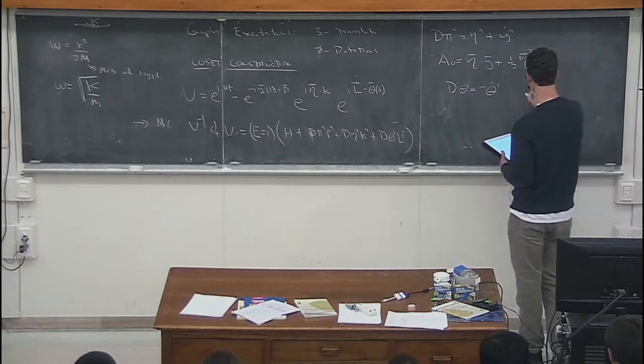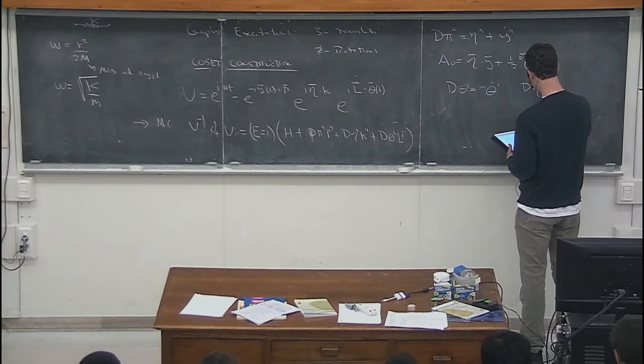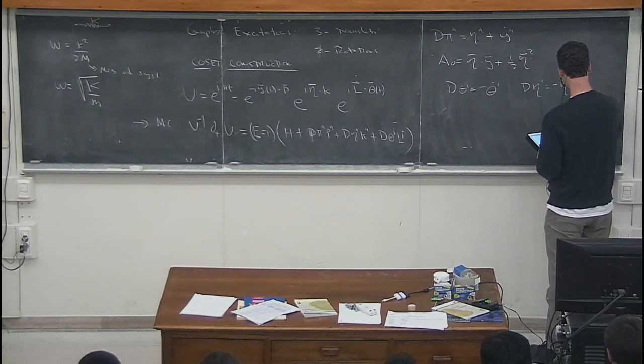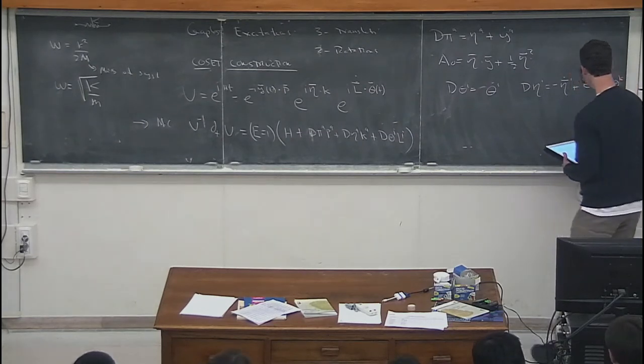And what changes a little bit is D eta. So D eta I becomes minus eta dot I plus epsilon ijk eta j theta k. Okay?